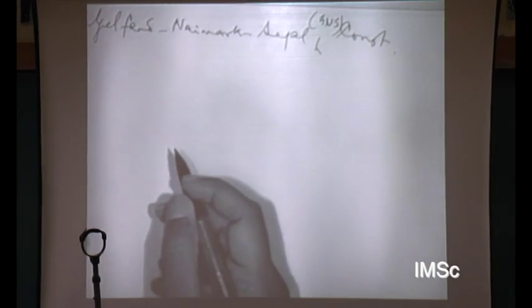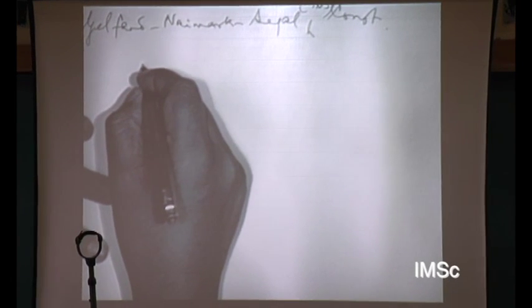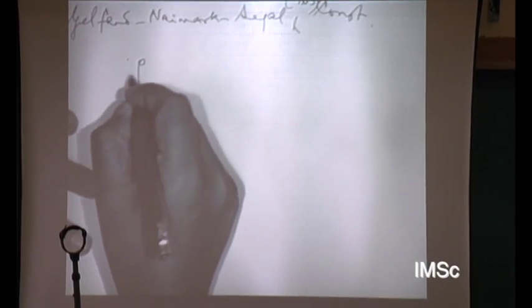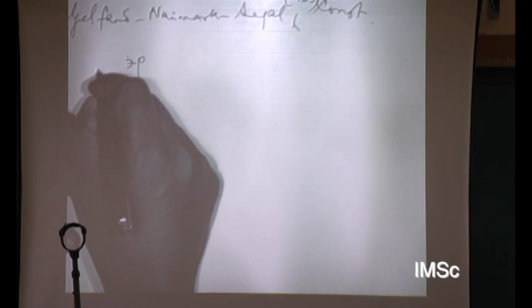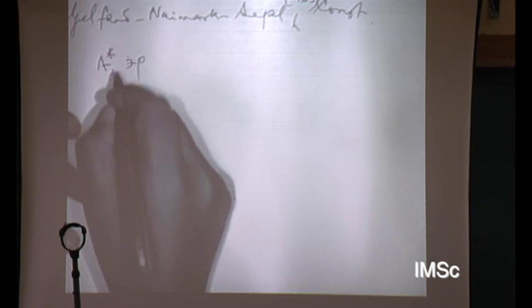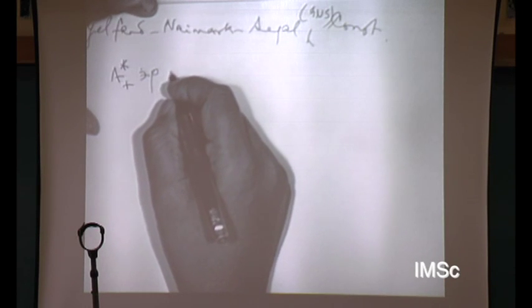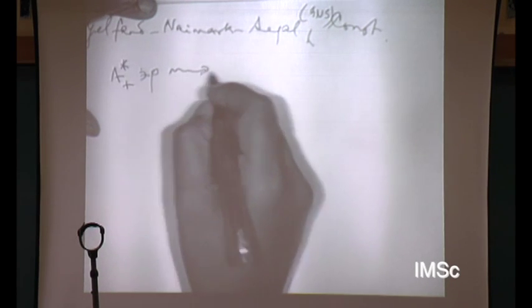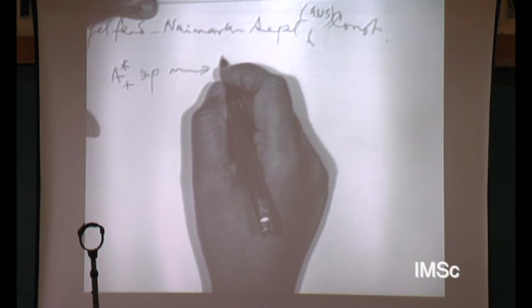This is a procedure whereby you start with a state, let me just say in A star plus, that means a positive linear functional phi. You start with the phi and then from here you construct a representation.